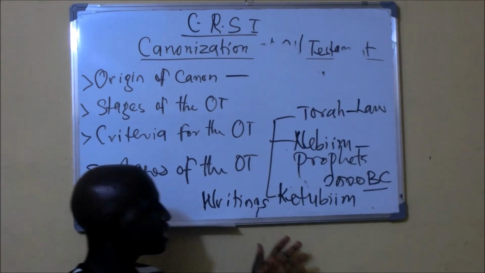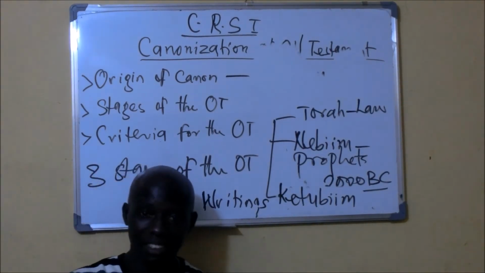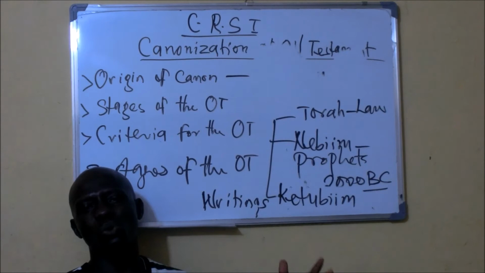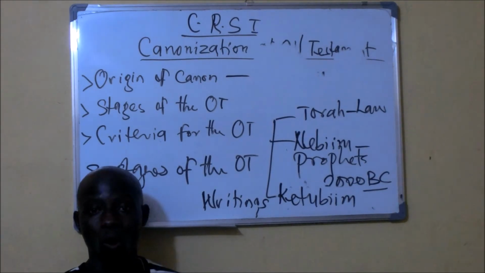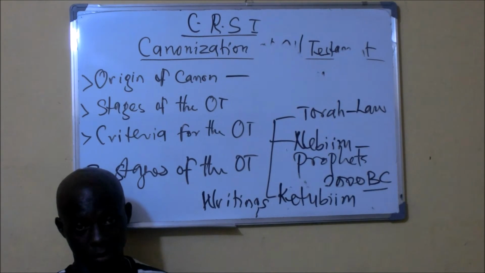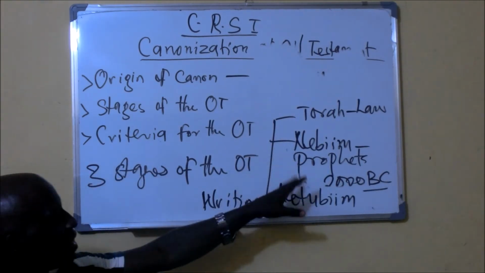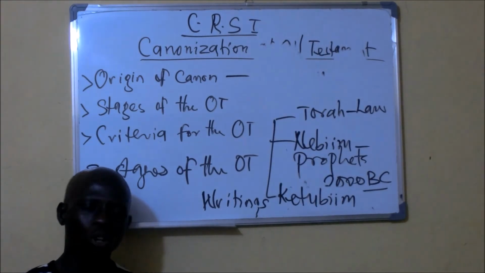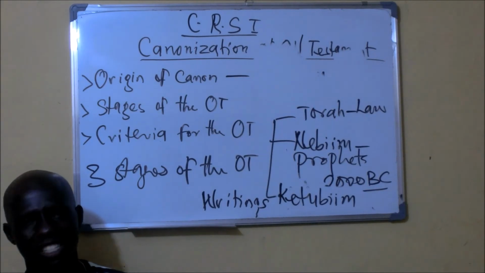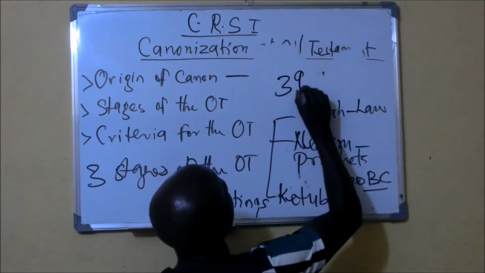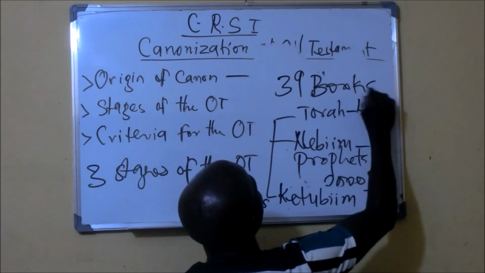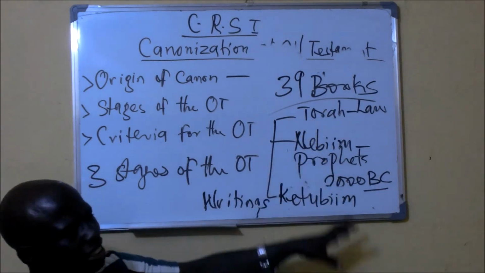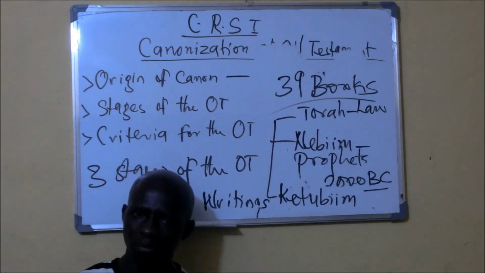So these are the books of writings or write-ups that concern different historical accounts of the Old Testament. So we have these 3 stages or divisions of the books of the Old Testament. The total number of books we have in the Old Testament is 39 books. So these 39 books were stratified into these 3 divisions or 3 stages.